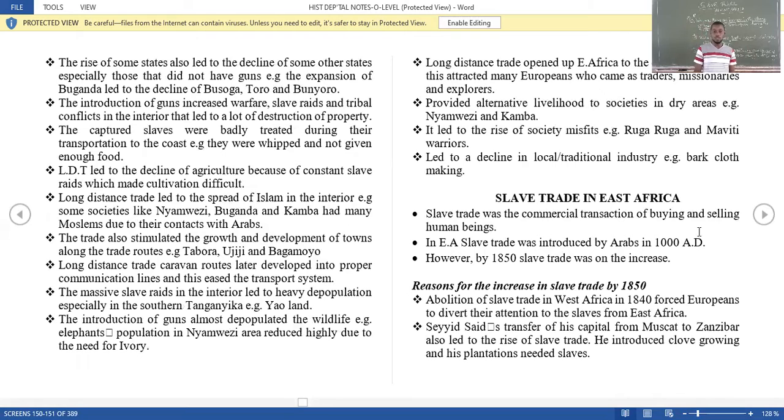Point number two, we talk about Said's transfer of his capital from Muscat to Zanzibar. When Said transferred his capital from Muscat to Zanzibar, this implies that he shifted from one place to another.